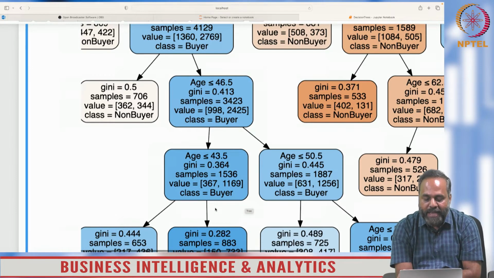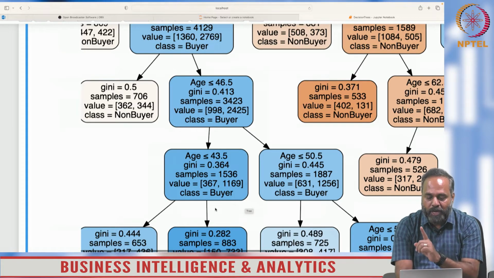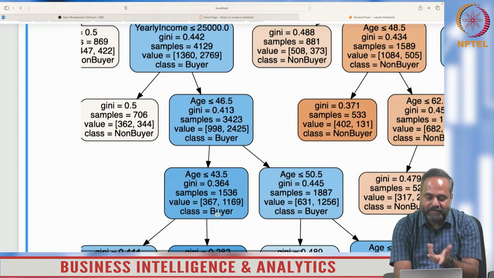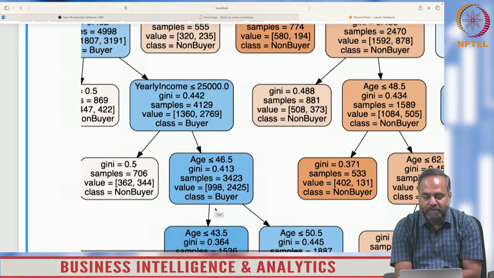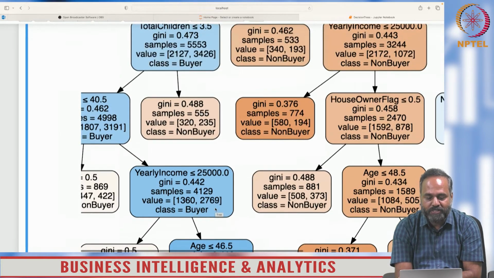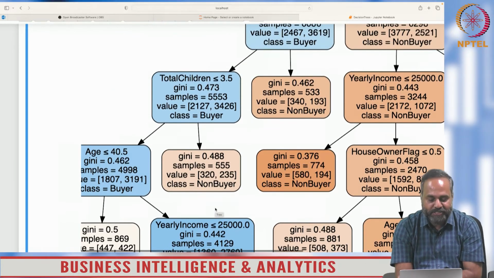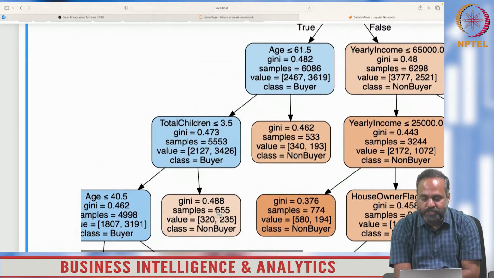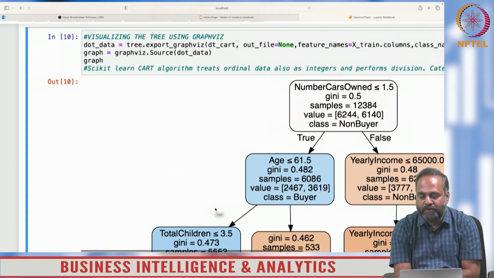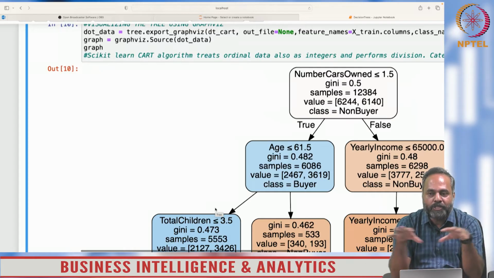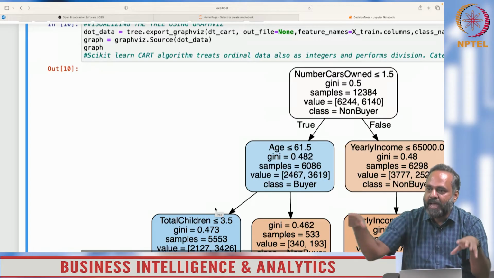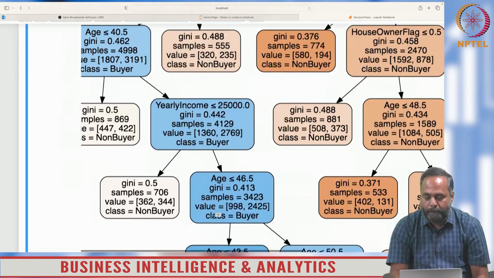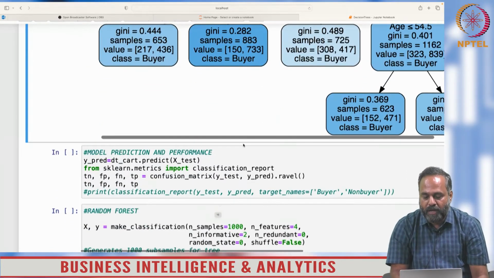That is a good rule, but it is not the rule alone. Yearly income less than 25,000, that rule comes, and again age is used; that is the way the split happens, it may reuse the same variable. Total children criteria, number of cars owned criteria. When you put all these rules together, it is a composite rule, many conditions that lead to a bike buyer subgroup.